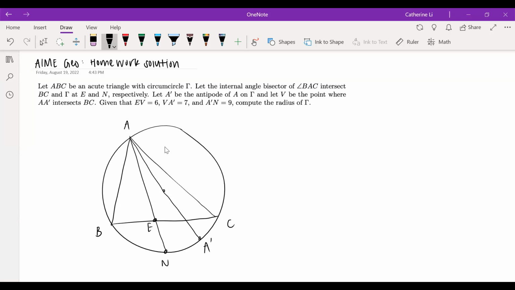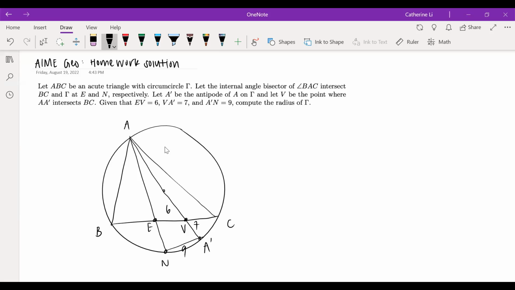And then finally, V is where AA prime intersects BC. So we have EV is 6, VA prime is 7, and then A prime N is 9. And we're trying to find the radius of gamma.